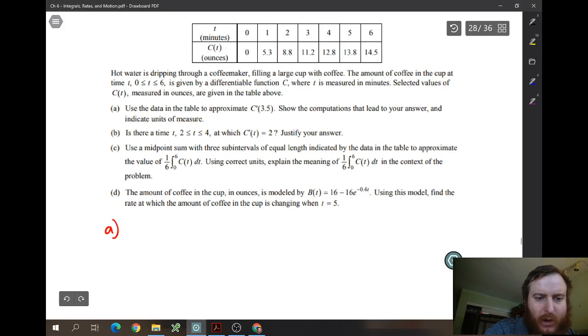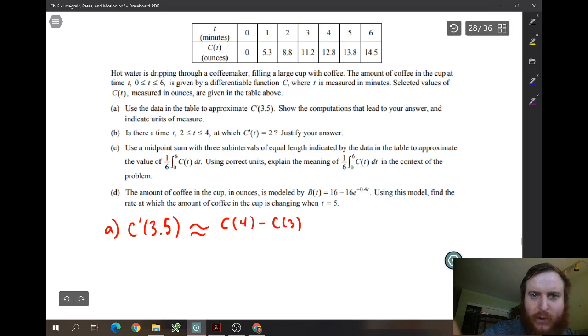So anytime we're trying to approximate a derivative, we need to remember that that matches up with f of b minus f of a over b minus a. So you can do C of 4 minus C of 3, because 3.5 would be in between 3 and 4, over 4 minus 3. C of 4 is 12.8 minus 11.2 all over 1.